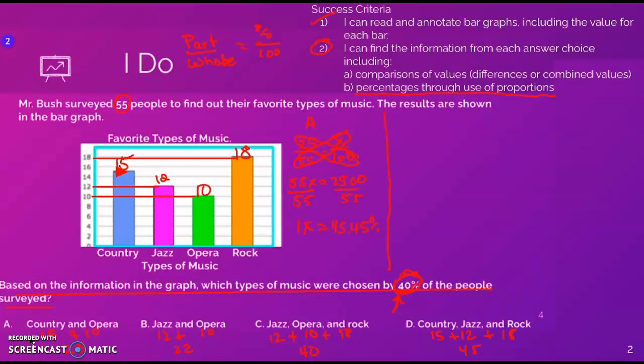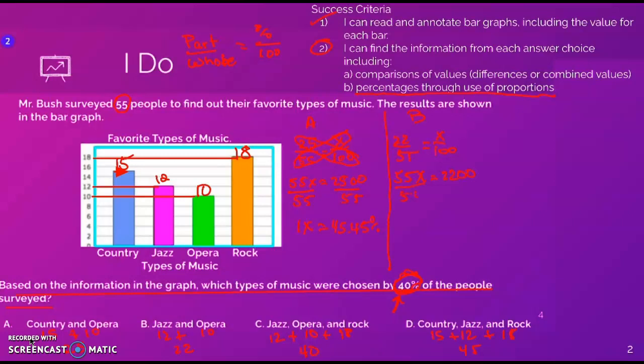Next, I'm going to go to B, which is 22. Now it's 22 over 55. 22 over 55 is equal to x over 100, so 55x is equal to 22 times 100, which is 2200.